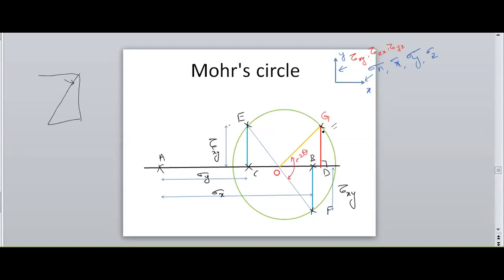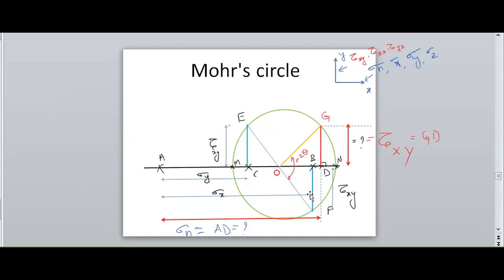That is, the vertical line perpendicular to the horizontal line, which passes through G and cuts the horizontal line at D. Now measure the distance from A to D. It gives the normal stress in centimeters.